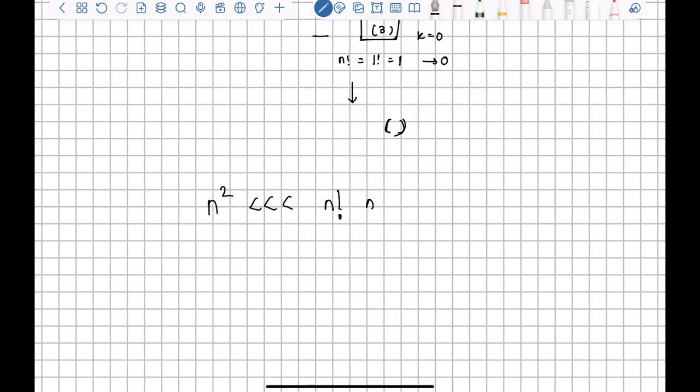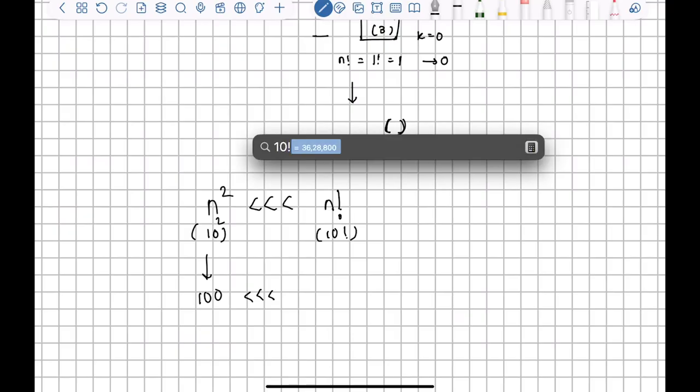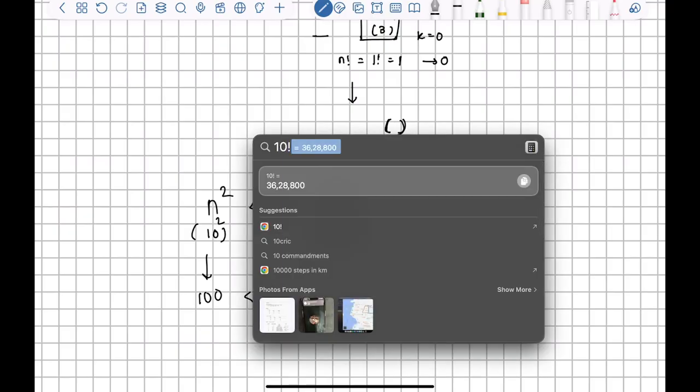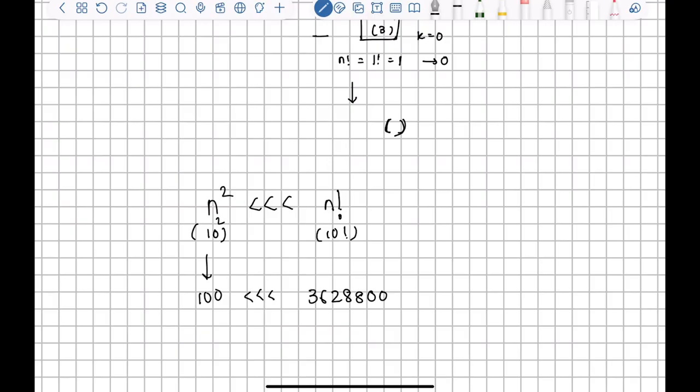Let's just assume that this toString does not exist. So for n is equal to 10, this gives me 100, which is much lesser than 10 factorial, which is 3628800. There you go, right?